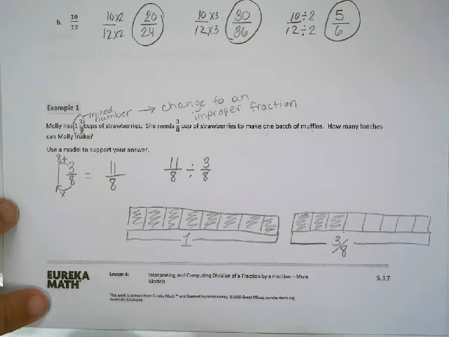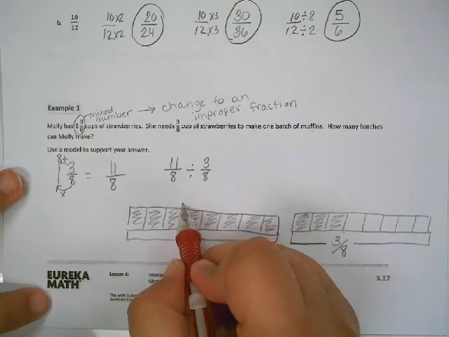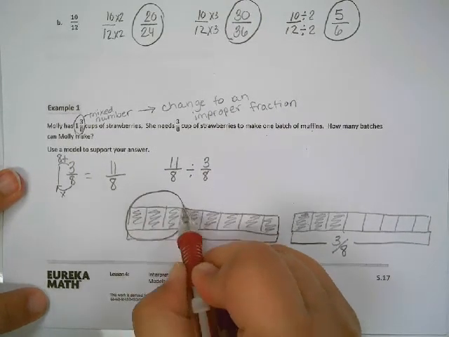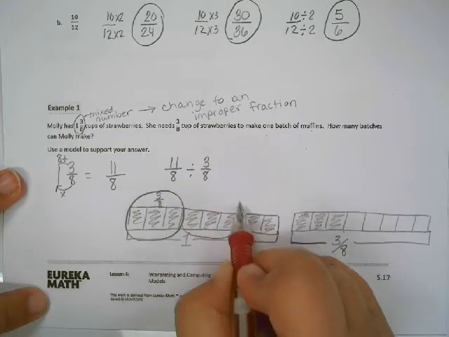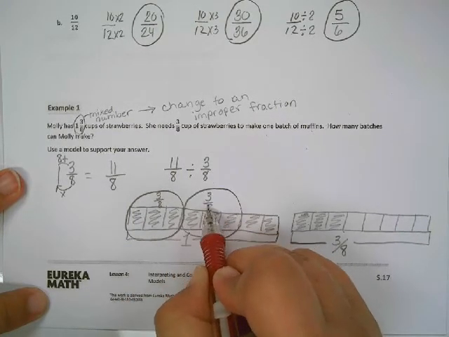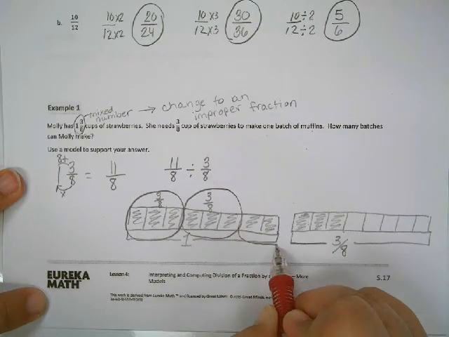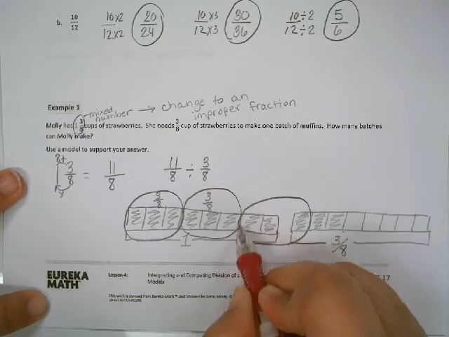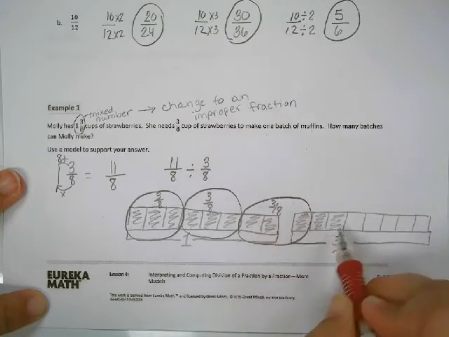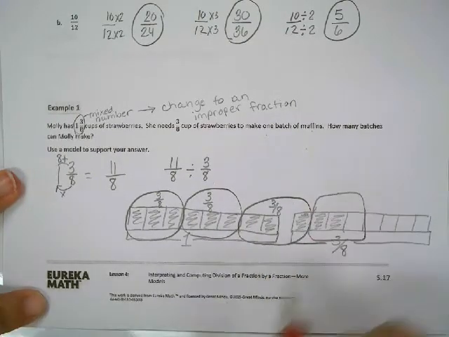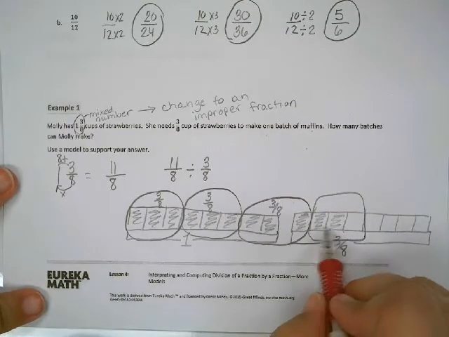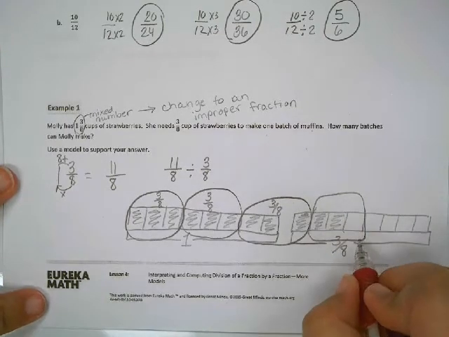And now I'm going to divide it into 3/8. So I am going to be circling every 3. I have to get one up from over here. And right here, I'm circling only 2 out of 3.